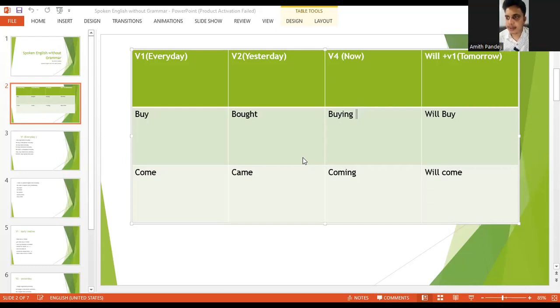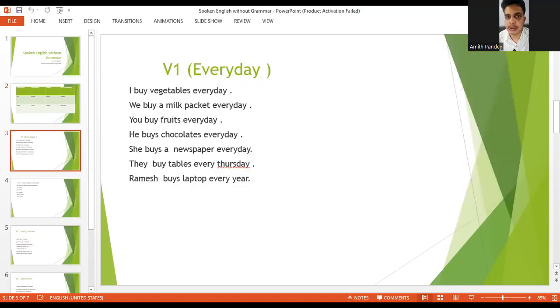Like you may say, I will buy fruits, I will buy mango, I will buy vegetables tomorrow or day after tomorrow. Or I will come to your home, or I will come to the temple, or wherever, tomorrow or day after tomorrow. In order to tell these things about the future, we use will plus V1. Now let's see the sentences one by one as well.